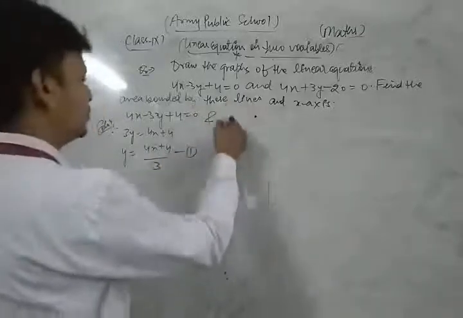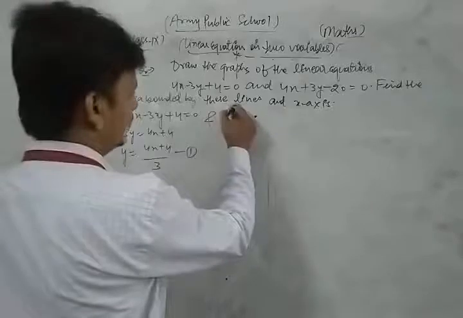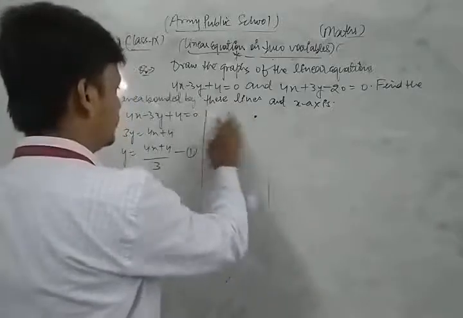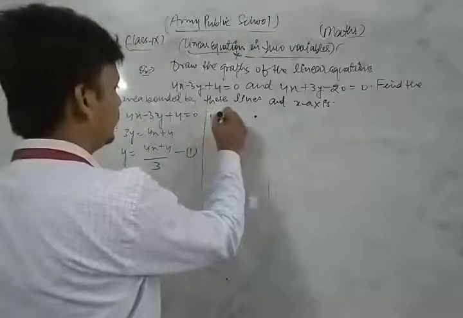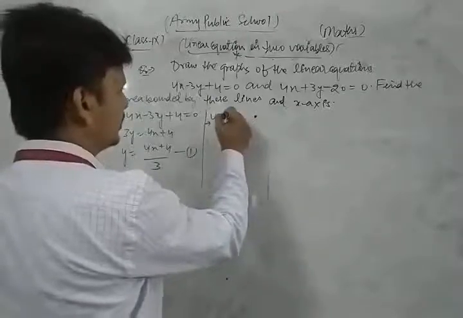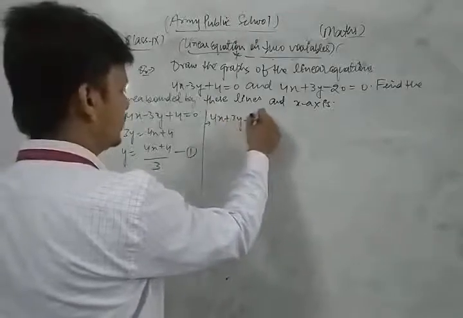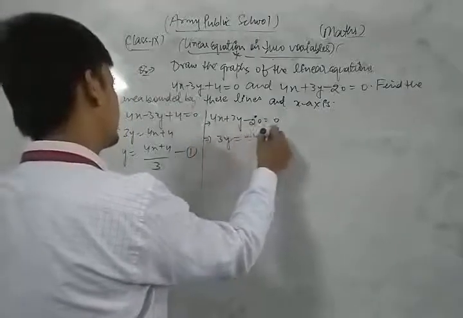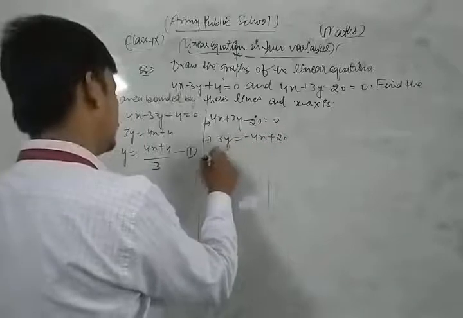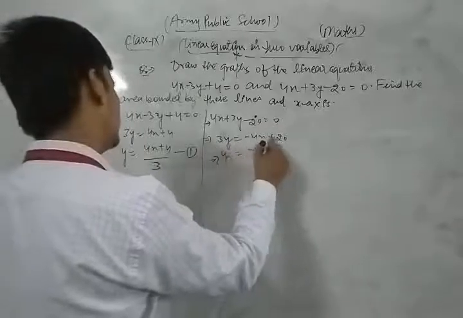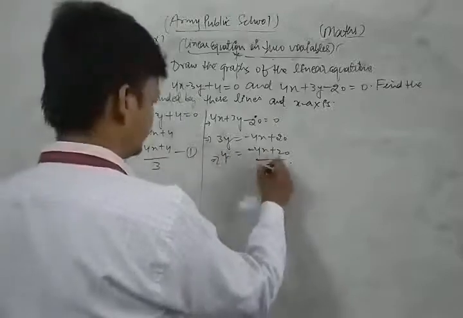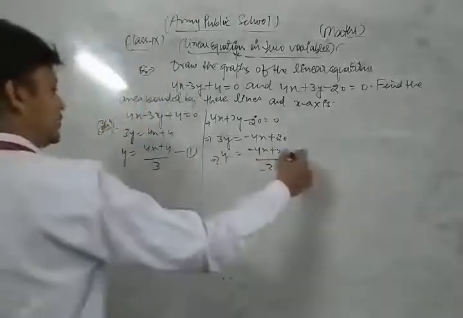From equation 2, 4x plus 3y minus 20 is equal to 0, so we get 3y is equal to minus 4x plus 20, so y is equal to (minus 4x plus 20) upon 3. Take this as equation number 2.